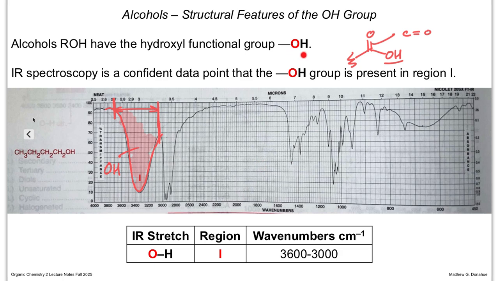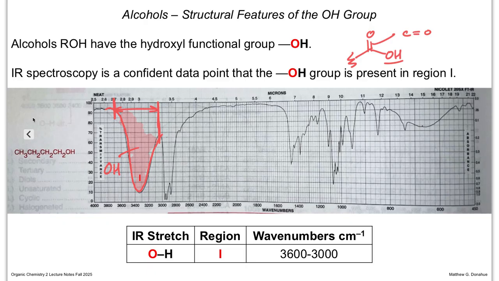So then we know it's OH. When we get into the module with carboxylic acids, you'll see that OH does look different. It's broad, but the shape doesn't look like that. And then it'll have that associated carbonyl.